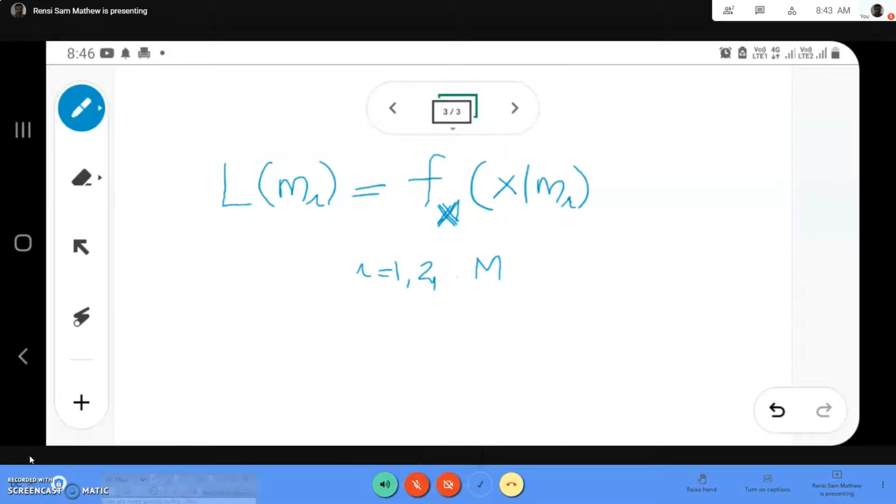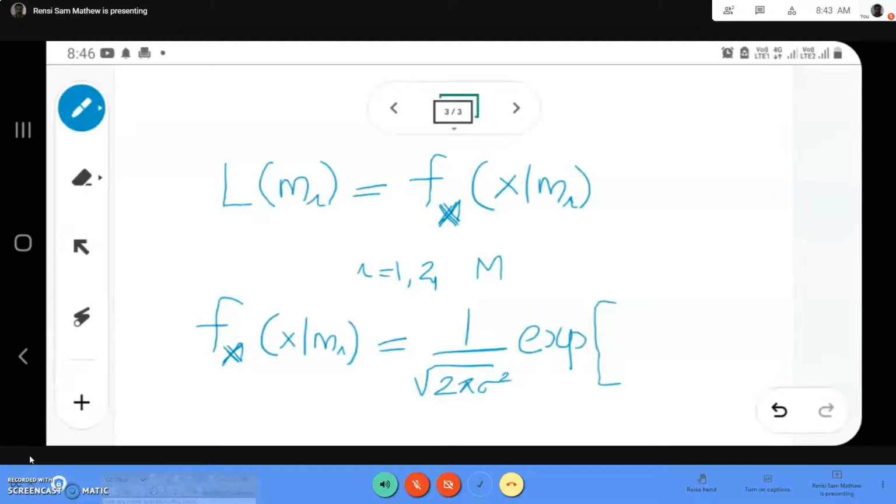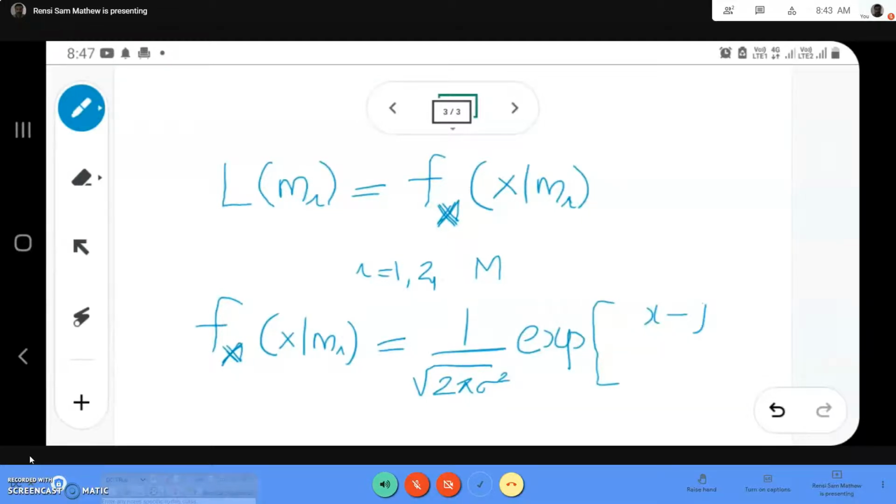Now what is this conditional probability density function? Let us see that expression. It is equal to 1 by square root of 2 pi sigma square, since we have modeled it as a Gaussian random variable. Last class we also saw the expression: 1 by square root of 2 pi sigma square times exponential of minus x minus mu the whole square by 2 sigma square.